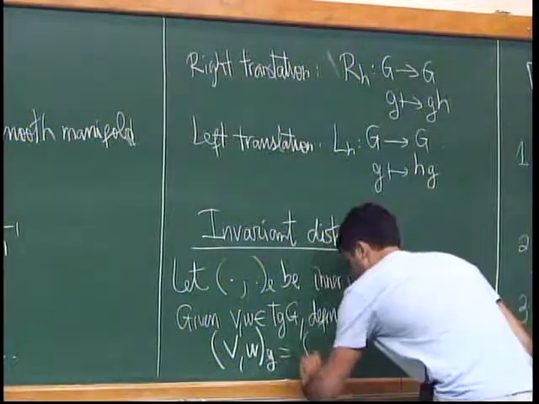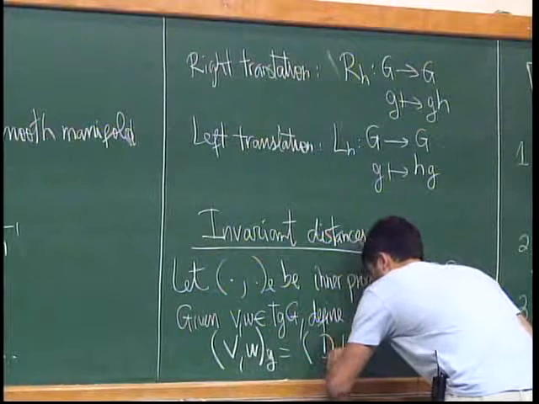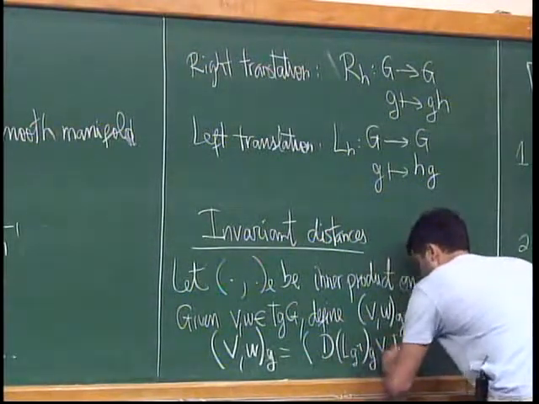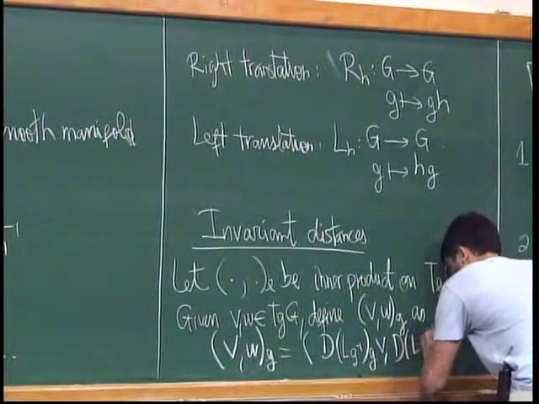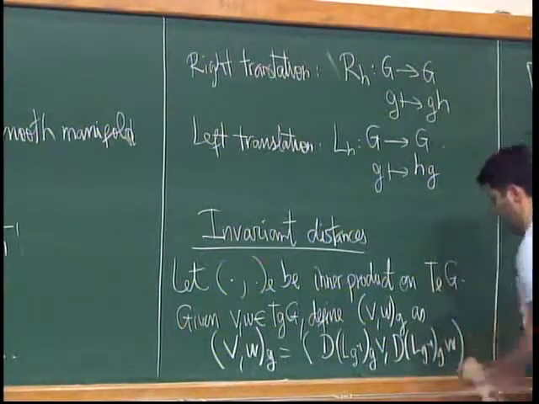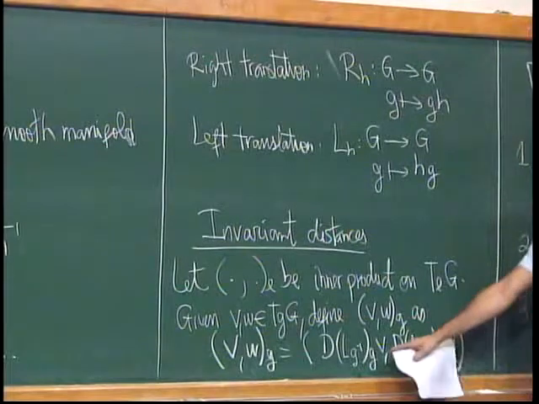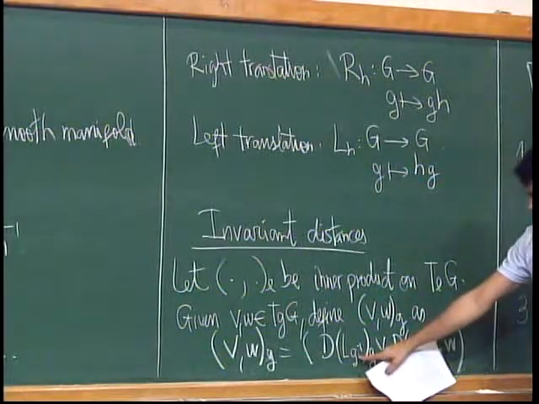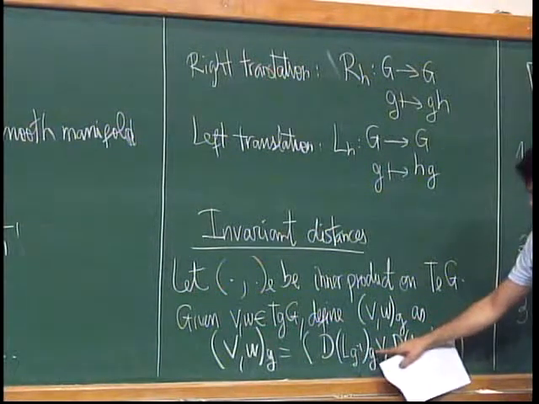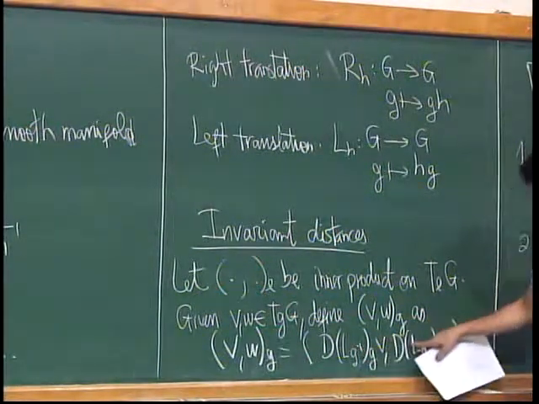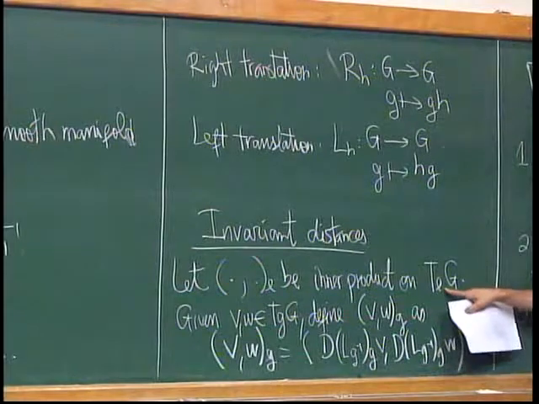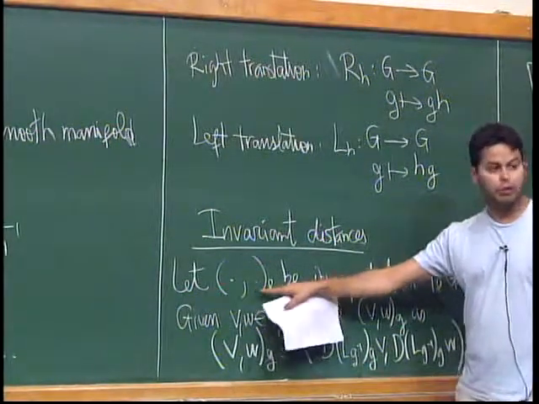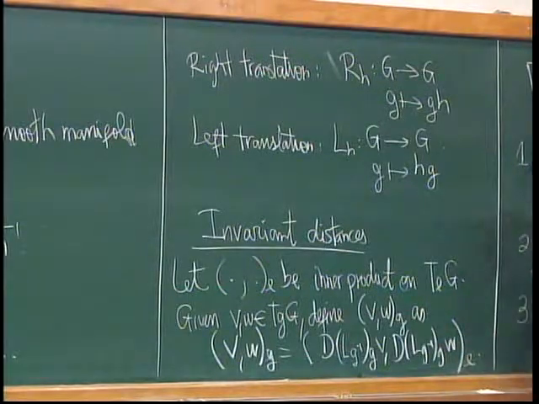So you get the differential of the left translation by g^{-1} at the point g, and you act on these two vectors, v and w. And because this left translation L_{g^{-1}} sends g to the identity, these two guys are vectors that belong to the tangent space of the identity, and there you can consider the inner product. So you define it like this.